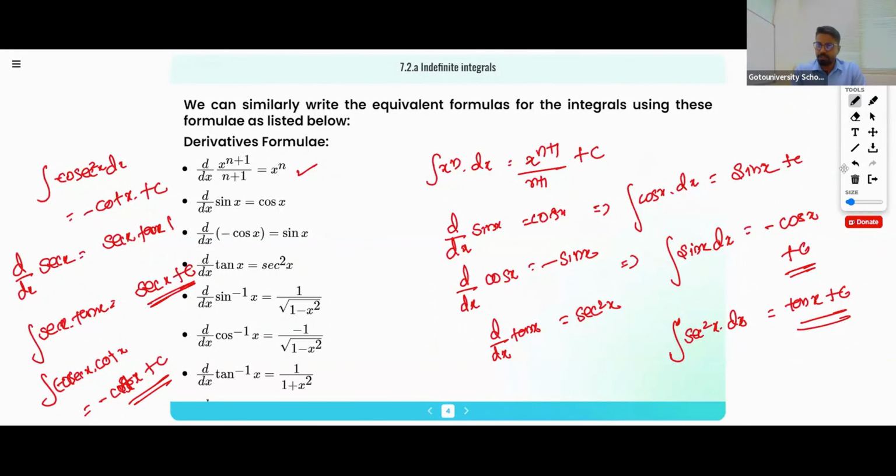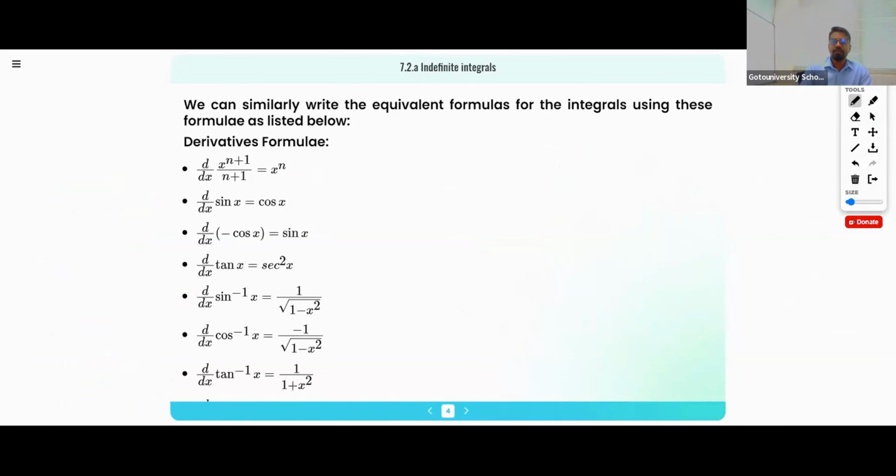Now, some more examples. What is d by dx of log x? 1 by x, correct? d by dx of log x is 1 by x. That means the integral of 1 by x into dx should be equal to log x.